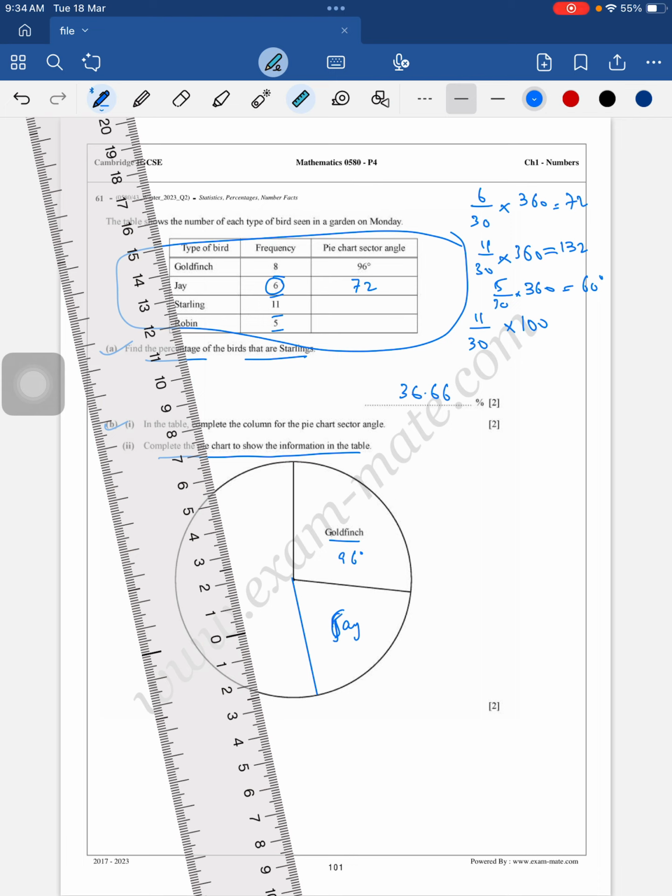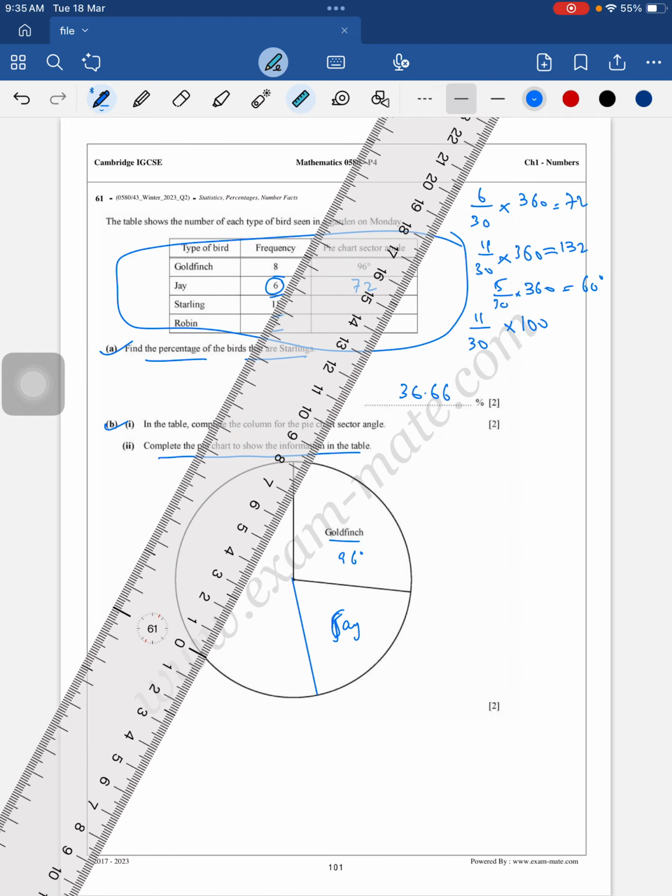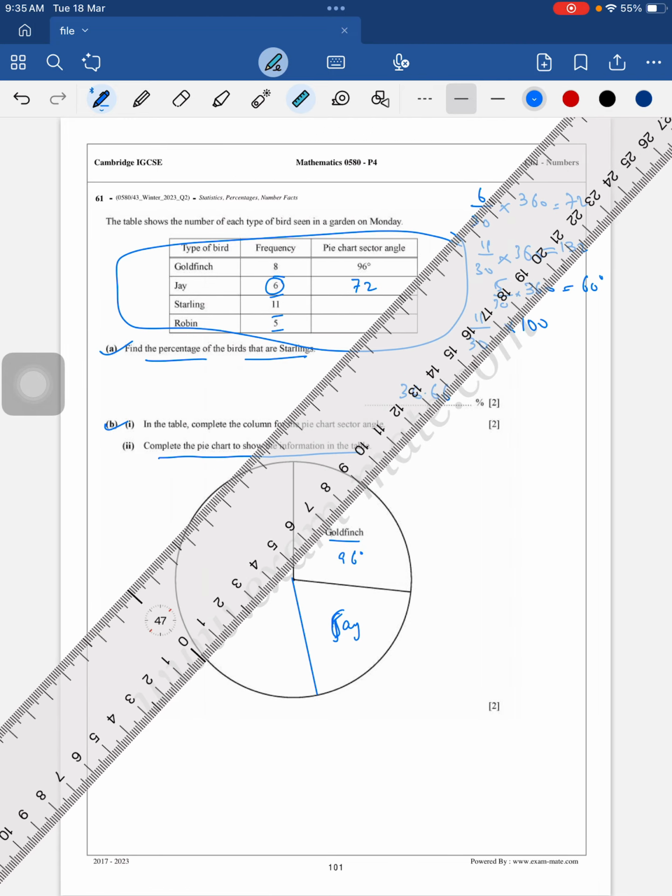Now 102, further subtract 60, 42. On 42 I will be making the third one.